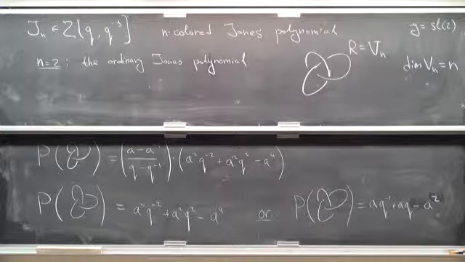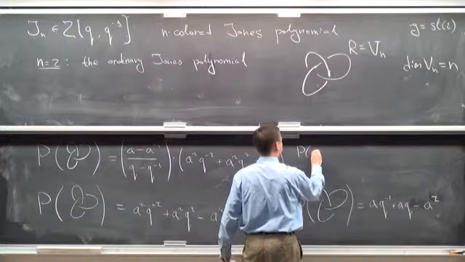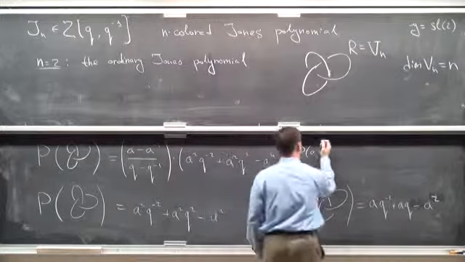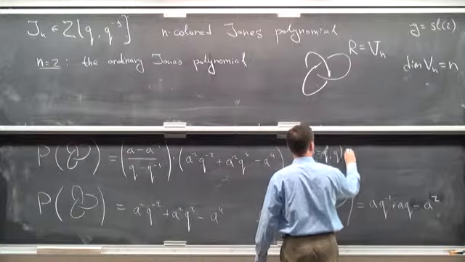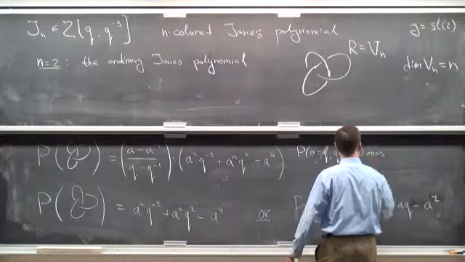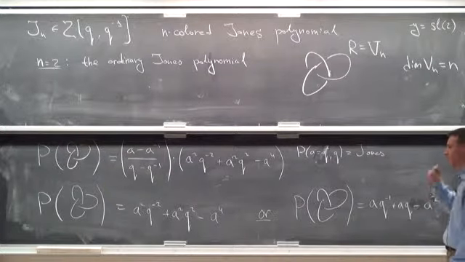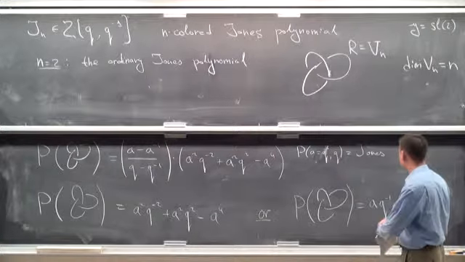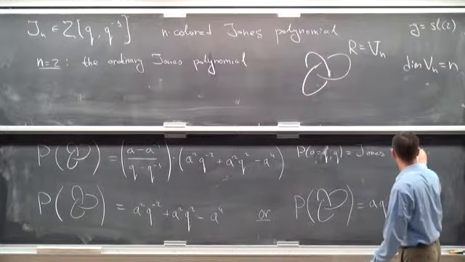So in particular, I told you that Homfly has this nice feature that it's a polynomial in a and q, and if you specialize to a equals q squared, you're supposed to find the Jones polynomial. And just for fun, let's see what we get from here. If a is equal to q squared, then this expression would give us Jones, which we call J2.